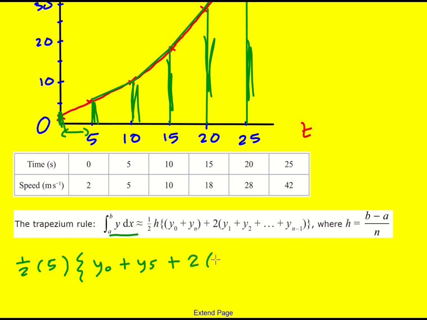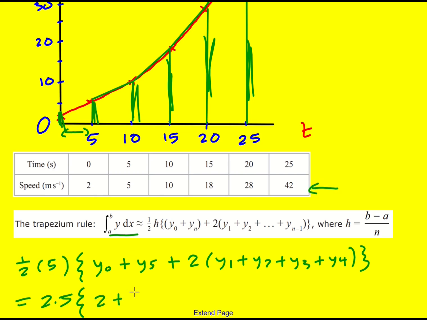So 2 times y1 plus y2 plus y3 plus y4. So that's actually 2.5, and then I'm using the speeds from now on. 2 plus 42, the smallest and the largest, and 2 times 5 plus 10 plus 18 plus 28.